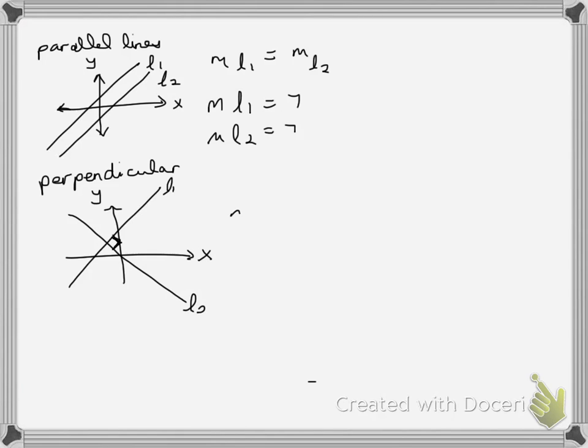So if the slope of line 1 is 7/3, then the slope of line 2, if they're perpendicular to one another, which the symbol for perpendicular would be that, okay. The slope of line 1 is perpendicular to the slope of line 2. Then this would be negative 3/7. So it's the negative reciprocal.